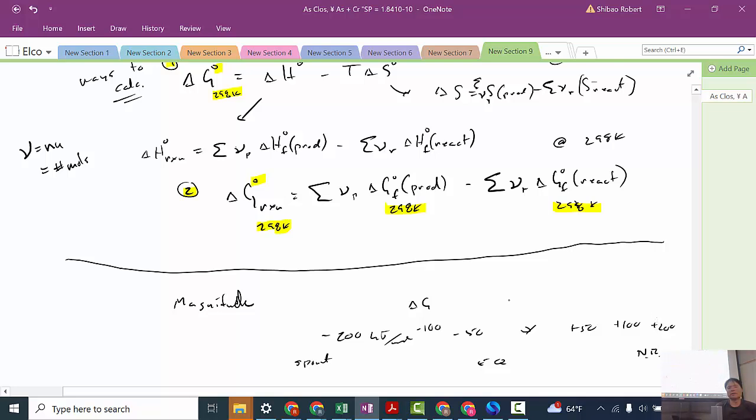And so we got to see what's the range of delta G's that we typically see. And so the magnitude, we're going to look at this a little bit later. For right now, we're just looking, is it positive, negative, or 0? And later on, we'll like to know, how positive, how negative is it?